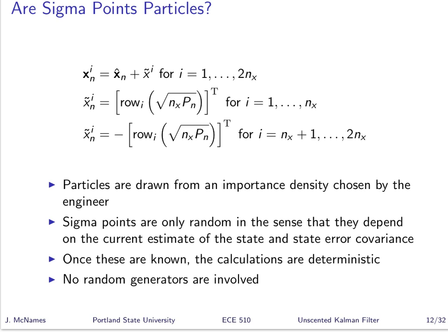You can actually do it with less if you wanted to. There are no random number generators involved when you're working with the Unscented Kalman filter, which is a bonus in my book. With particle filters, it still bugs me that you need a random number generator to create the estimates. So those are the differences as compared to particle filters.